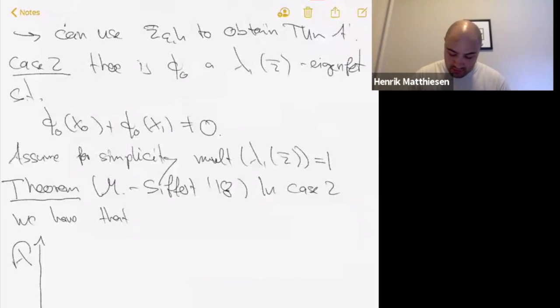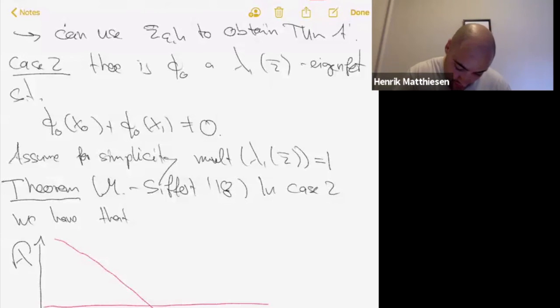Then you'll have somewhere here a line, that is lambda naught of that. So that's the first Dirichlet eigenvalue of the thing that I attached. And then I also have somewhere here just the first eigenvalue of the surface. Okay, so that's the picture in the limit.